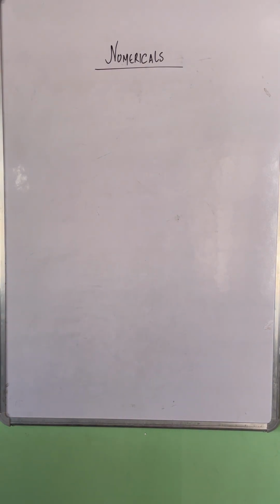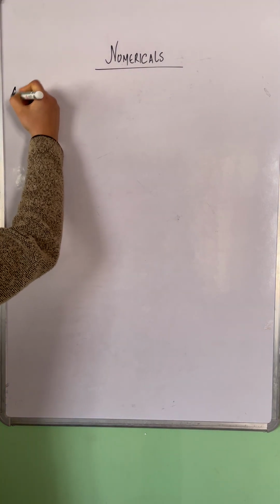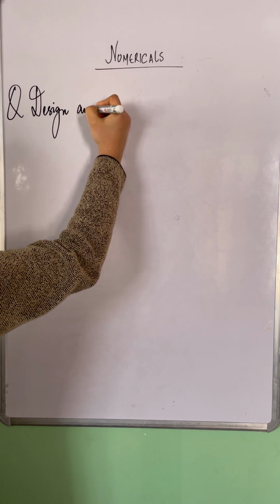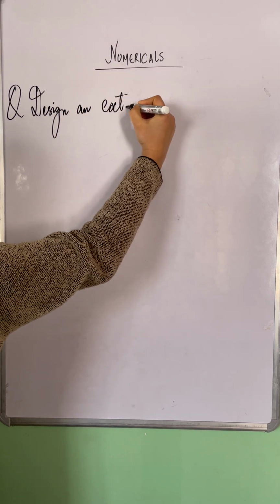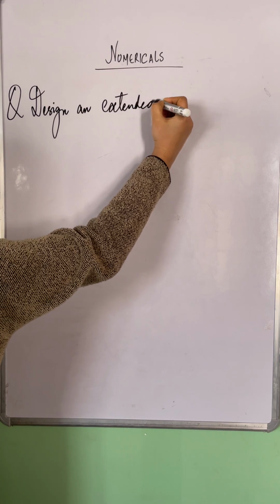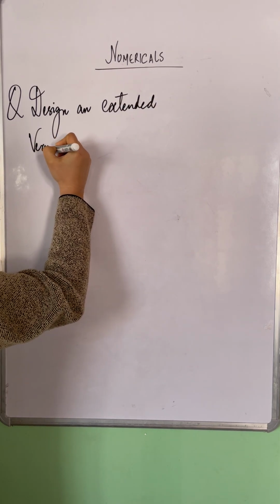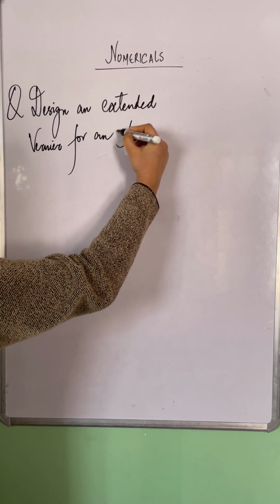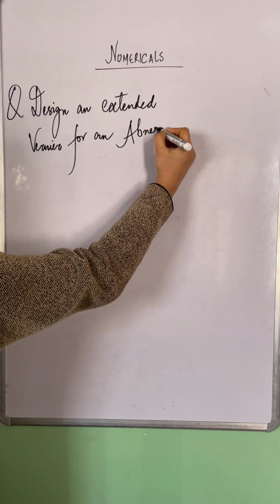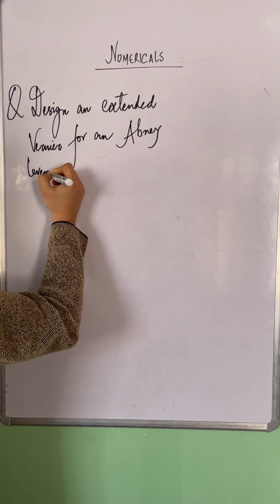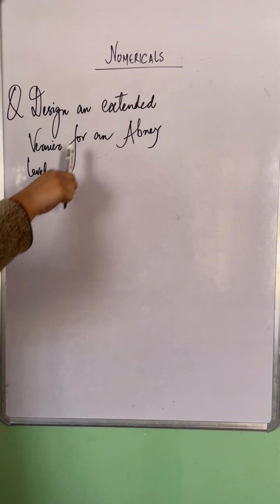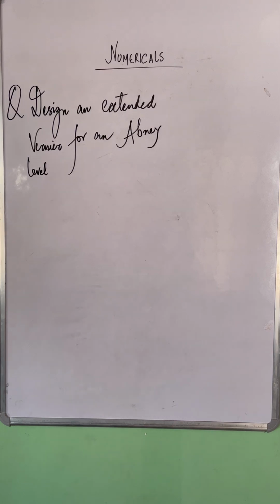Next question is design an extended vernier for an ebony level. It must also be noted that an ebony level has an extended vernier.